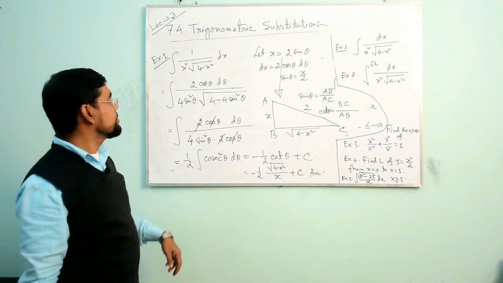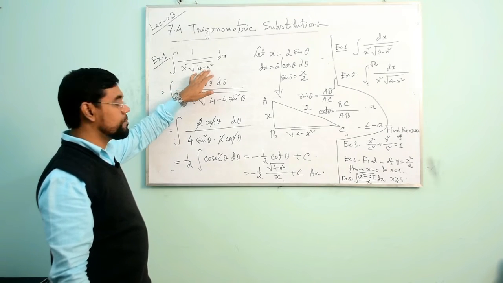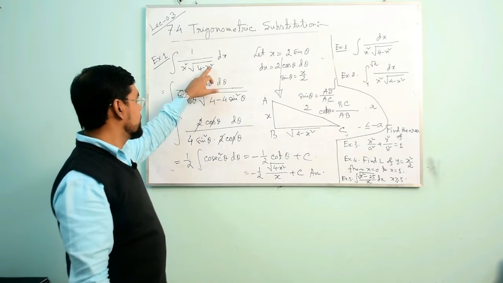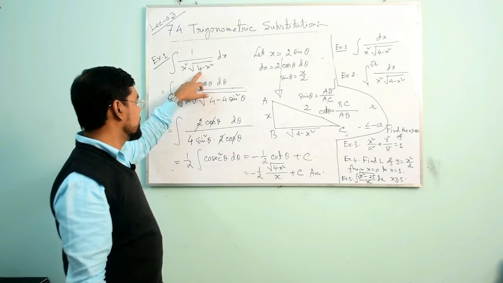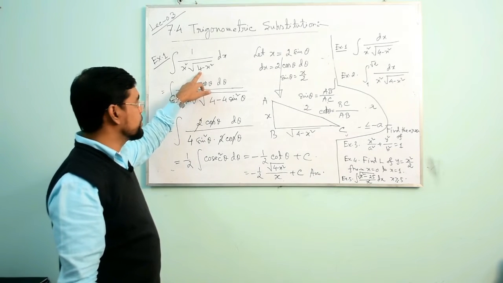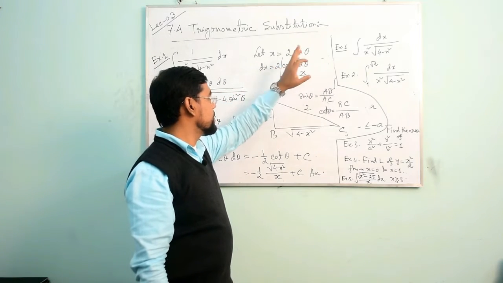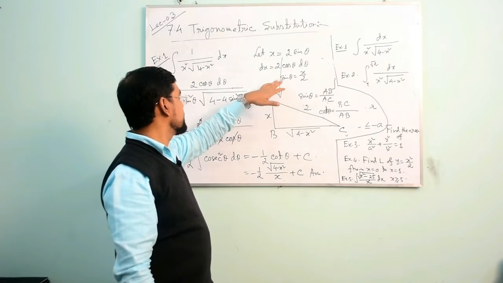So let's try example 1. You see your radical involves 4 minus x square. So your substitution should be x equal 2 sin theta, because a square equals 4, so a equals 2. Therefore x equals 2 sin theta, so dx equals 2 cos theta d theta.